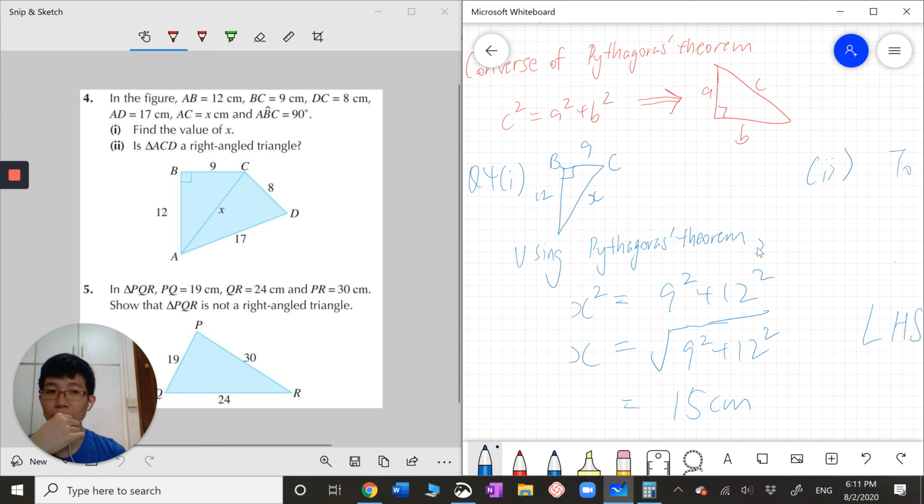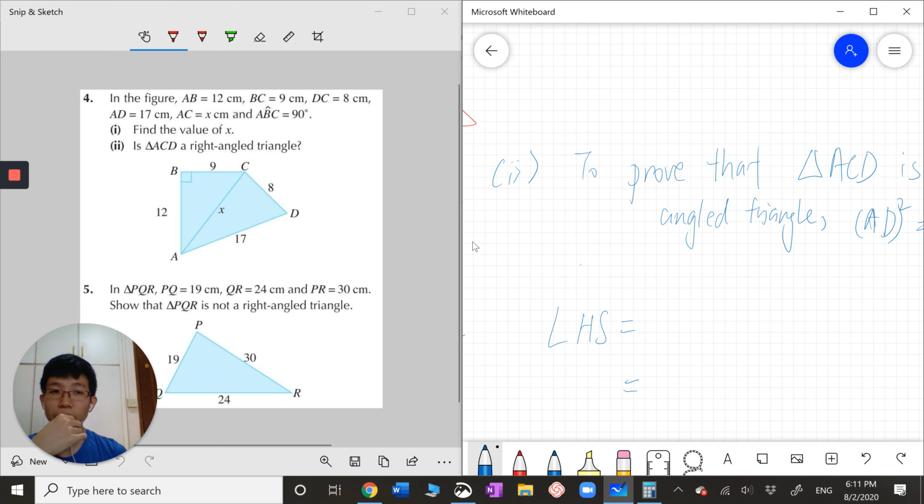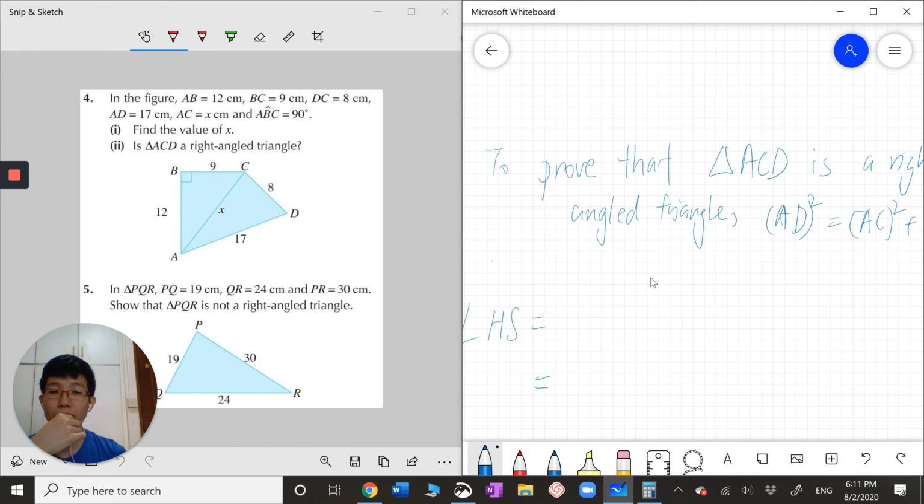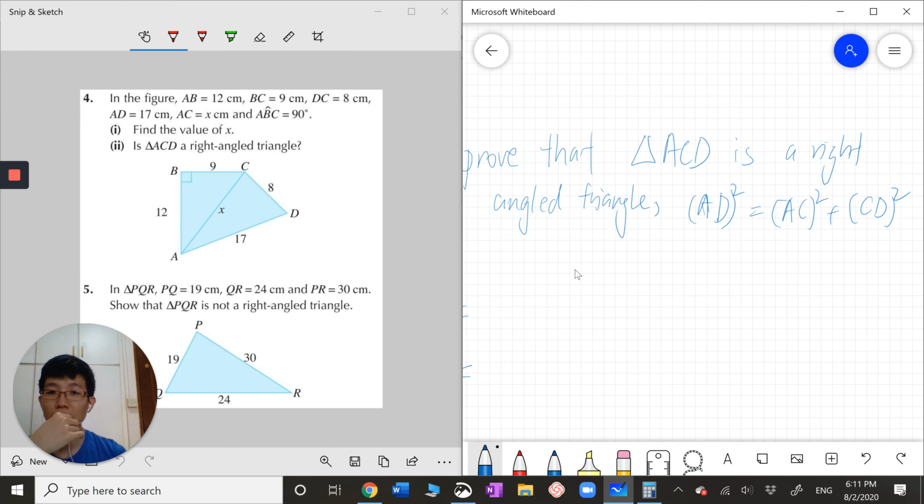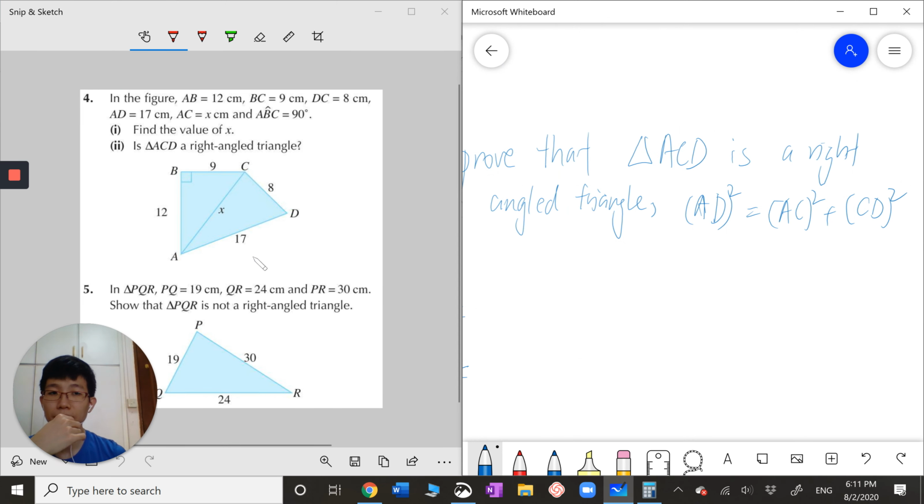To prove that triangle ACD is a right angle triangle, we need to show that AD, which is the hypotenuse, satisfies this relation whereby the hypotenuse square must equal AC square plus CD square.